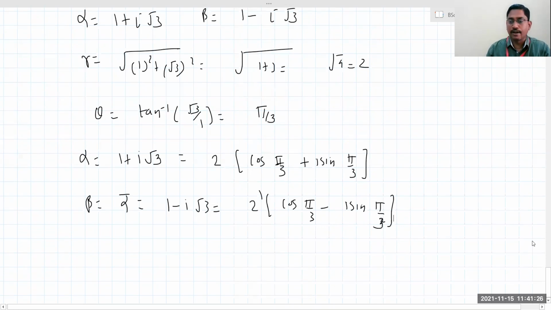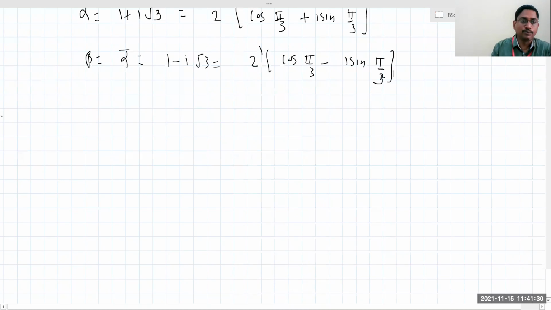Now find alpha raised to n and beta raised to n. That is the left hand side of the proof. So I'll start with the left hand side. It is alpha raised to n plus beta raised to n. That is what we want to prove.